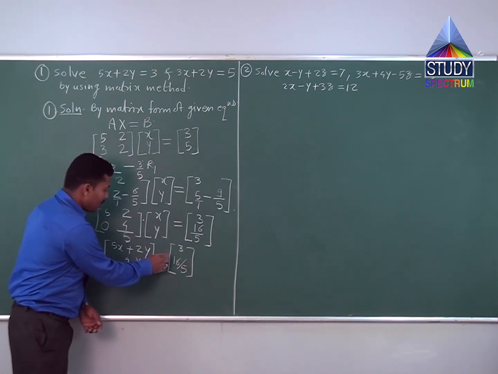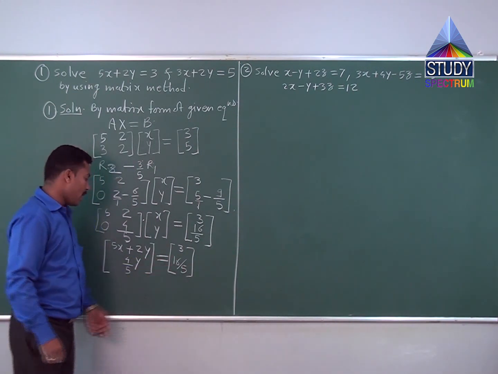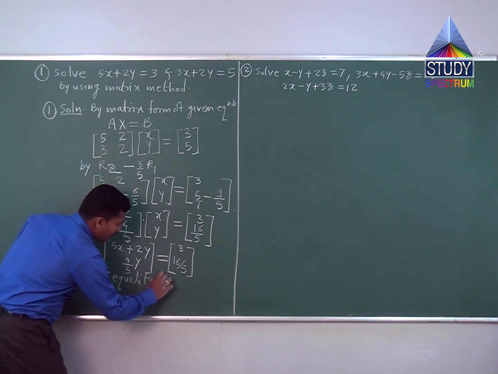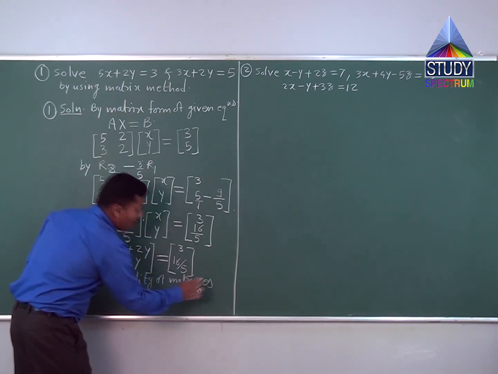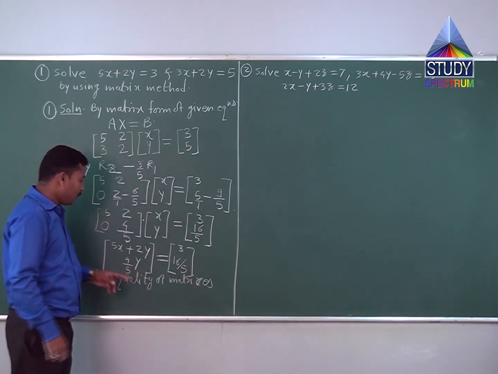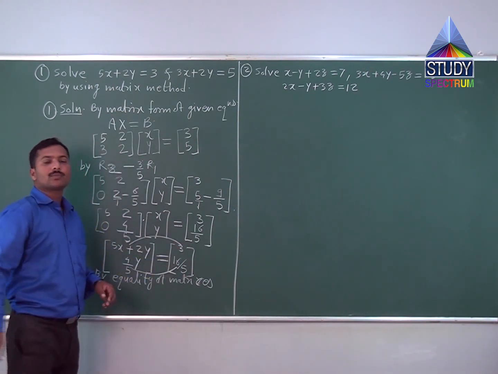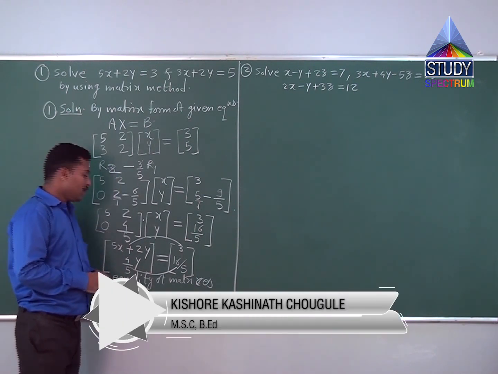So here is an equality between two matrices. Therefore by equality of matrices, when two matrices are equal, their corresponding numbers, place to place numbers, are equal.